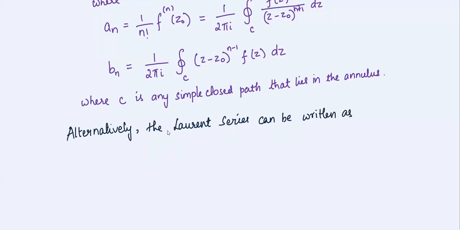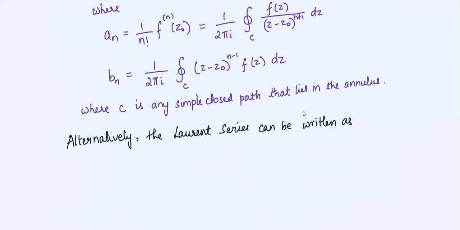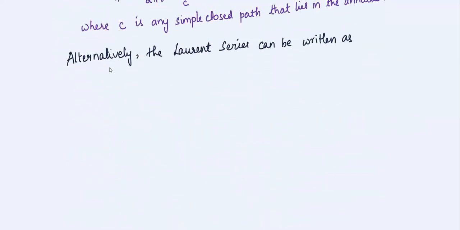Of course, there is an advantage of doing it in two parts here: one is positive powers of n, the other is negative powers of n. However, this is another method where f of z can simply be written as the sum from n equal to minus infinity to infinity, not 0 to infinity, of a n times z minus z naught whole power n.